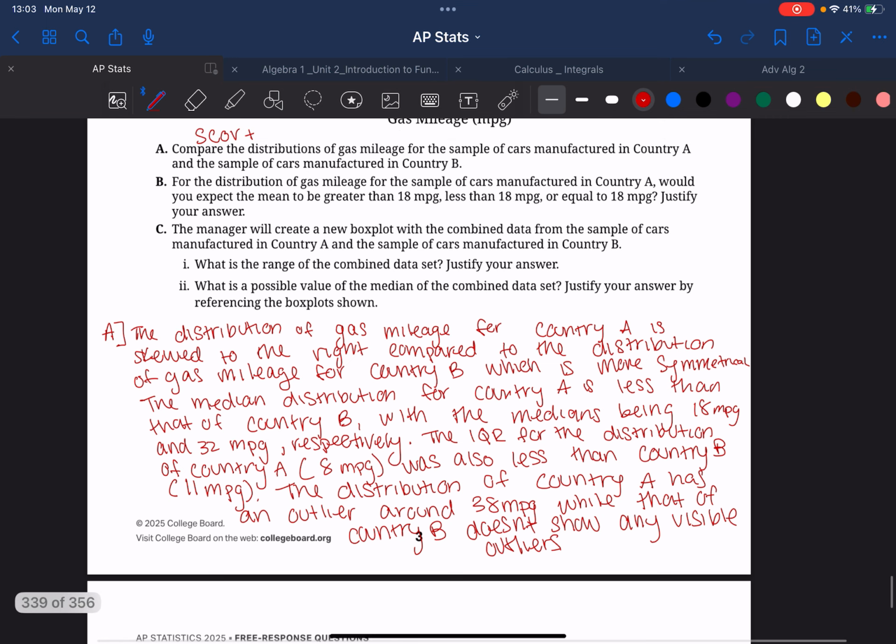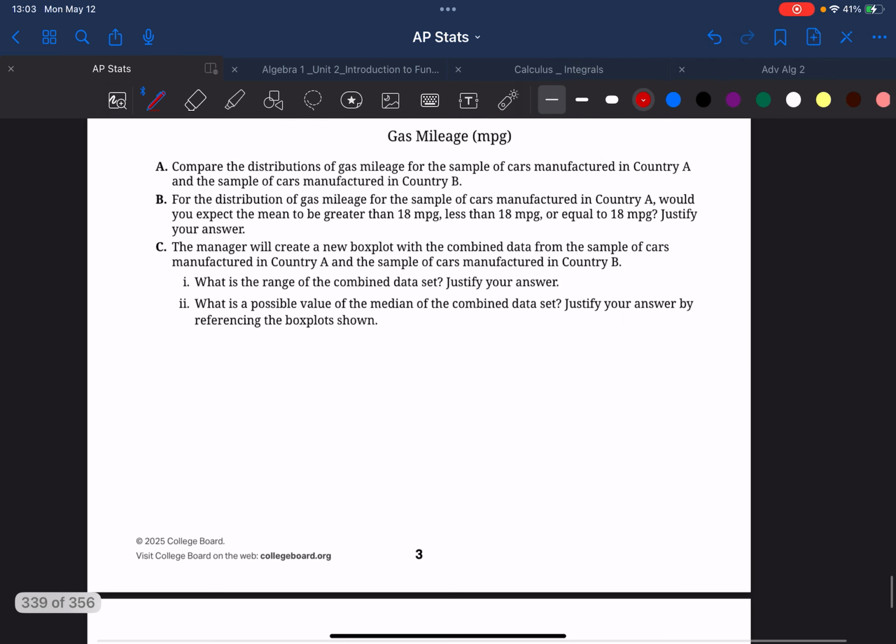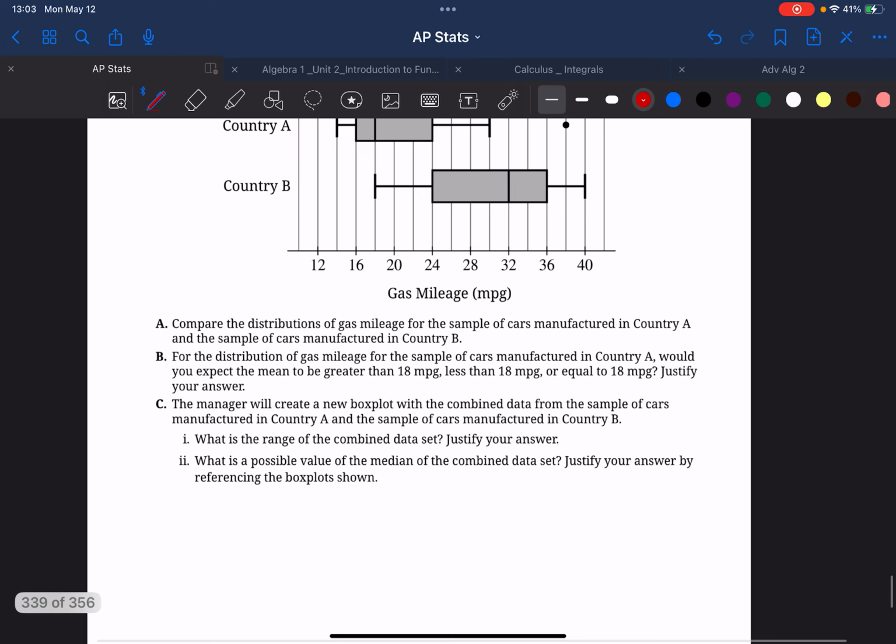Okay, I'm going to go ahead and clear this, and then we're going to look at B. B says, for the distribution of gas mileage for the sample of cars manufactured in country A, would you expect the mean to be greater than 18 miles per gallon, less than 18 miles per gallon, or equal to 18 miles per gallon? Justify your answer.